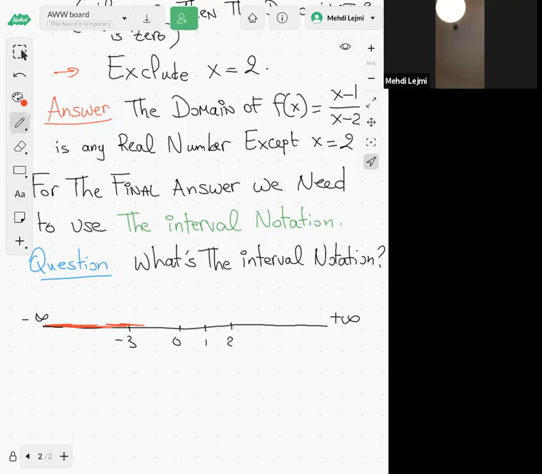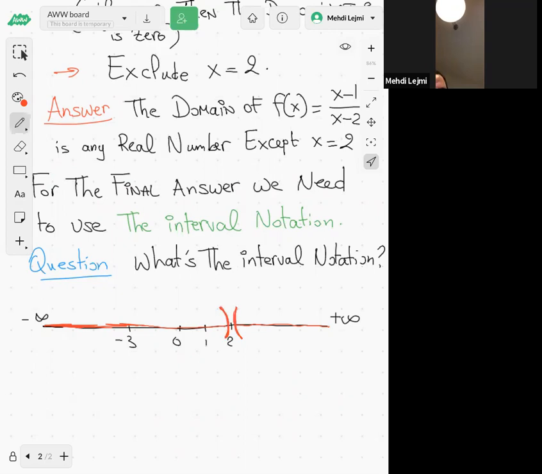It could be a decimal. It could be, of course, a fraction. Doesn't matter. But except the +2, right? So I won't include the +2 in the answer. And to exclude the +2, we're going to use parentheses. So here, I'm going to use parentheses to exclude this +2, okay?